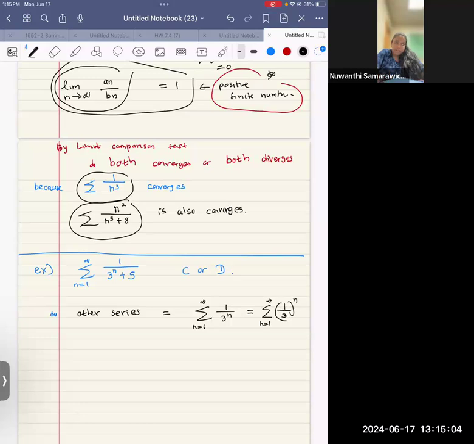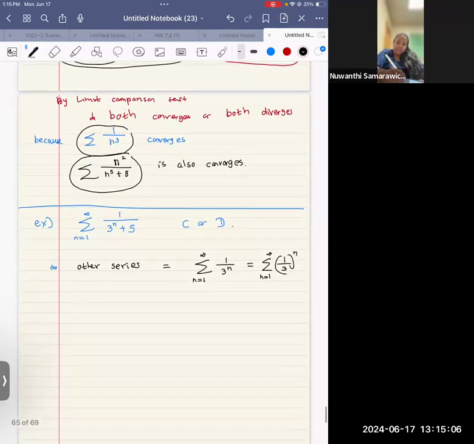Since this is a geometric series, what is the common ratio, and what do you think? Is it convergent or divergent? Convergent, yes, very good, Jai.